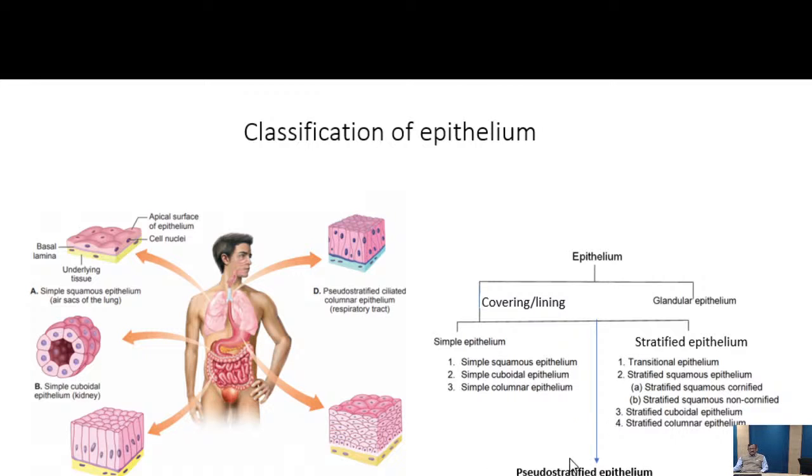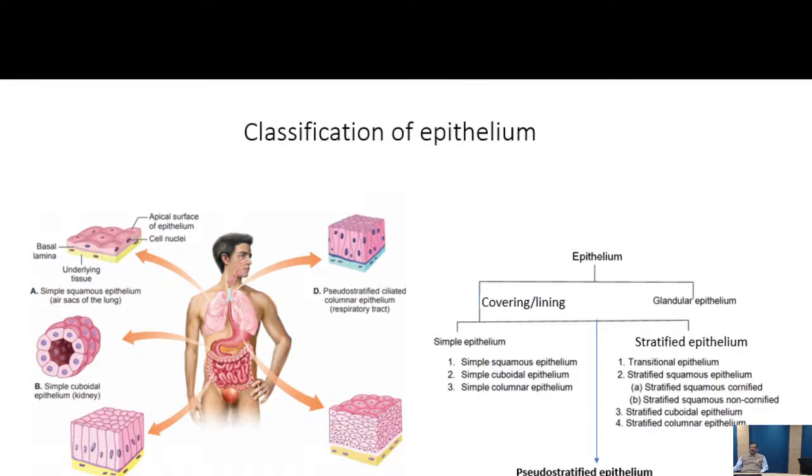And the best example would be the epithelial lining of the respiratory tract, starting from the nasal cavities, going to the trachea, larynx, etc. Because it is present extensively in the respiratory tract, in the bronchi, pseudo-stratified epithelium is also known as the respiratory epithelium.